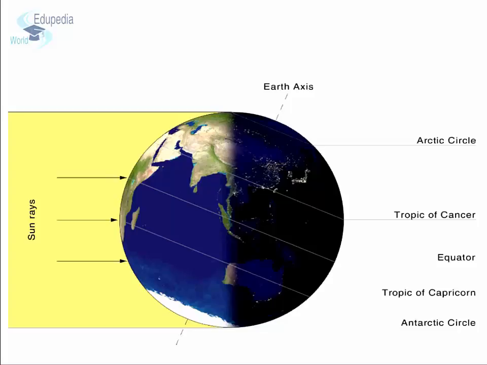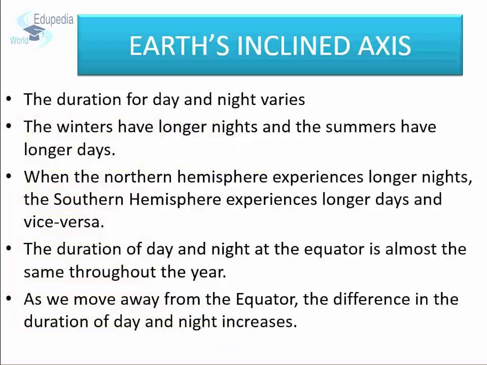Due to the inclined axis of Earth, the circle of illumination shifts its position as the Earth revolves around the Sun. This means that the duration for day and night varies according to the Earth's position in the orbit. The winters have longer nights and the summers have longer days.